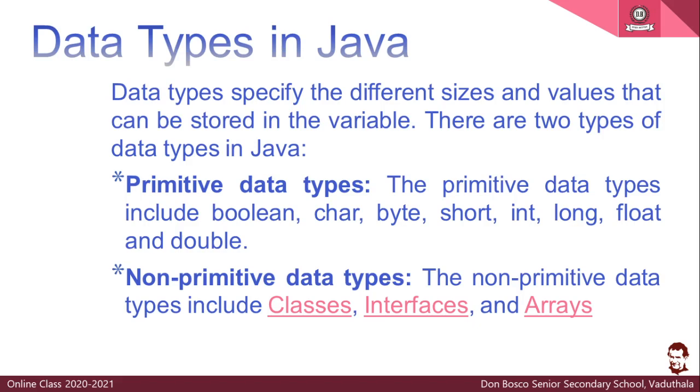Yes, for the primitive types the size will always be fixed, and for non-primitive, inside a class we can use a number of variables as per the requirement. In this way its size will vary. Then interfaces and arrays, arrays also. If you want to allocate 10 spaces, or 100 spaces, its size will automatically change. Okay. Now we can check one table.